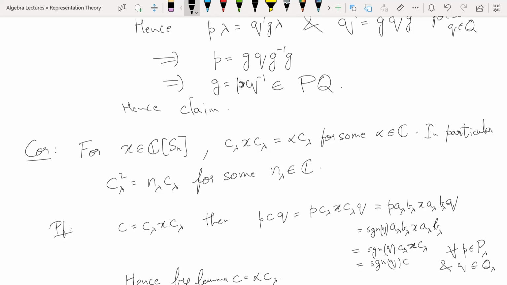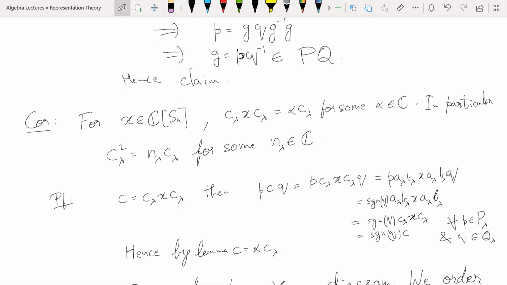Hence by our lemma, C must be a scalar multiple of C lambda for some alpha in C. So it follows directly from the lemma.